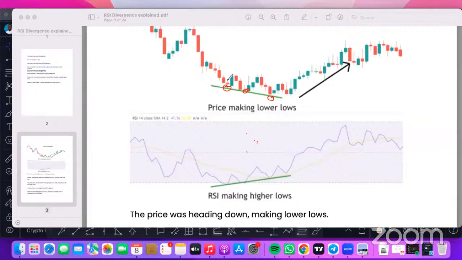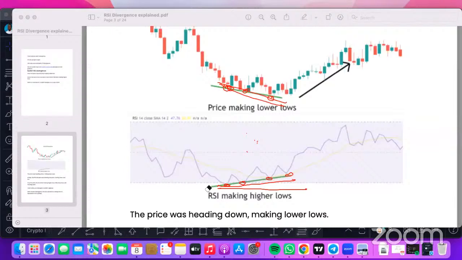These are lower points, but here the market is forming higher points. This point is lower, but this one is higher. When you connect them, here you draw the line going down, but here you draw the line going up. And that's where the divergence comes from.